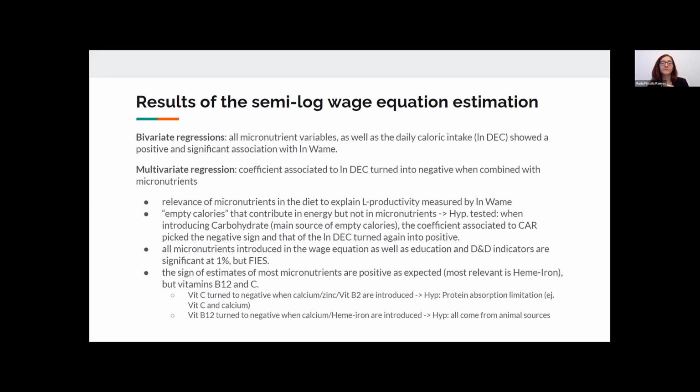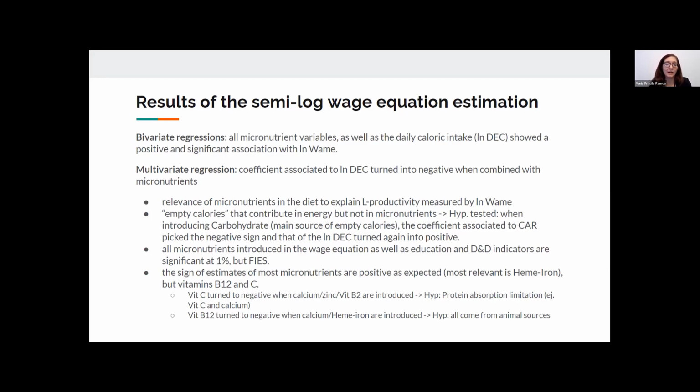And also we have some negative signs which were not expected, for B12 and vitamin C. We have to test the hypothesis yet, but there is some interaction between micronutrients that could, for example, not allow for protein absorption in the case of combining vitamin C and calcium, for instance, and some similar aspect is introduced in B12, which introduces vitamins from animal sources. It is the same case of iron and calcium.